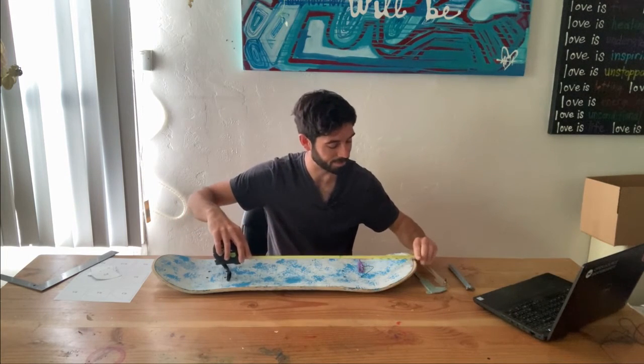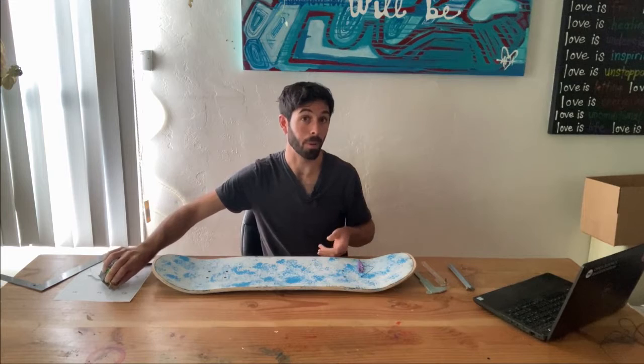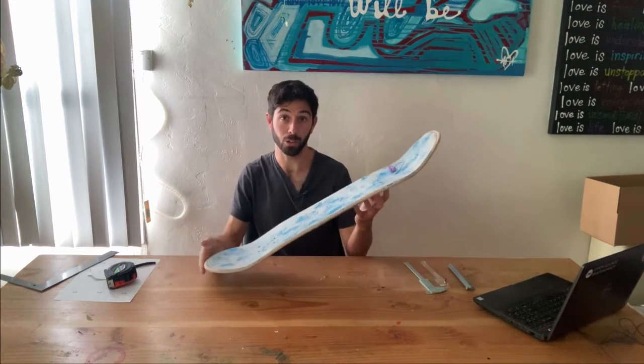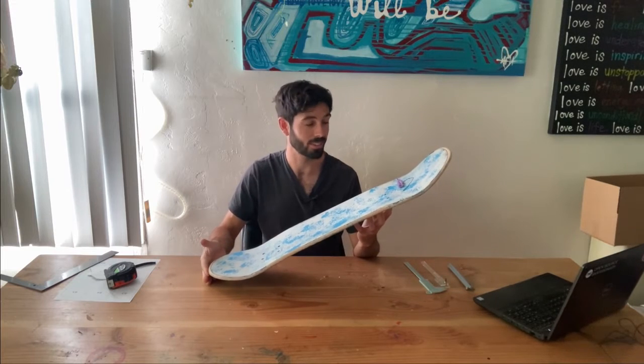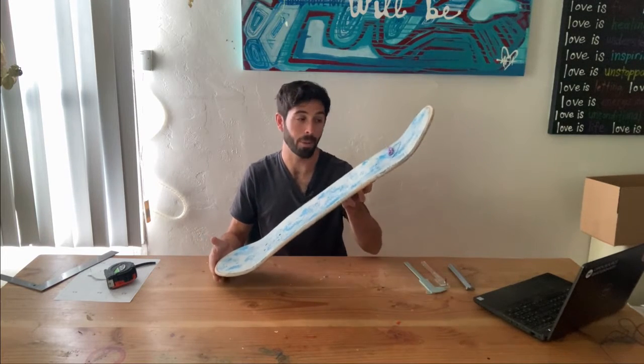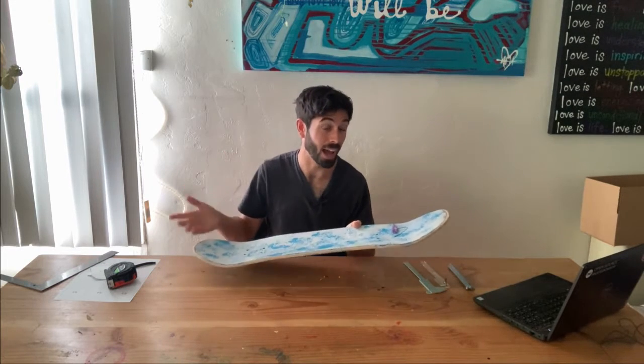And the longer your nose or tail length is, the mellower your pop angle is. And the pop angle is the angle your board makes with the ground when the nose or tail hits. The steeper your pop angle, generally the more pop you have.